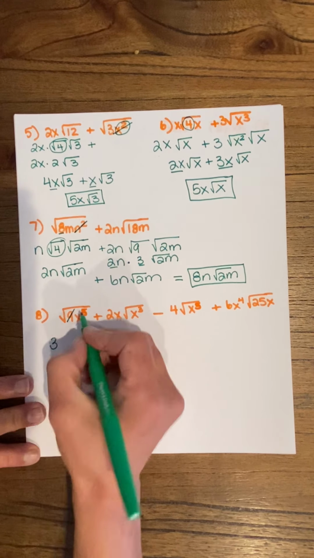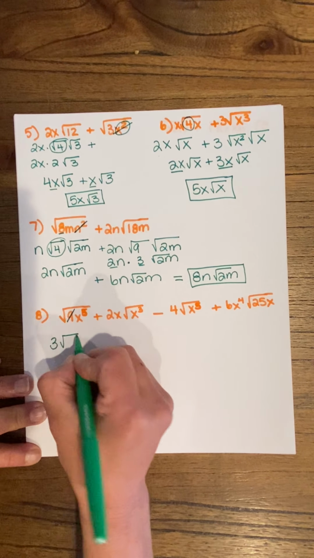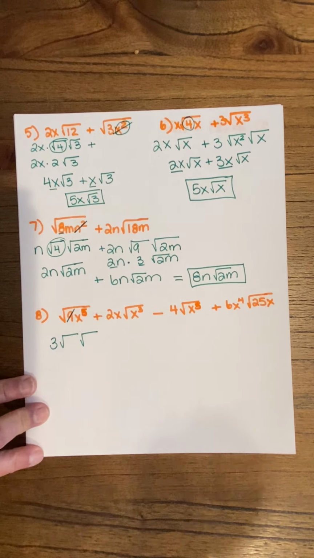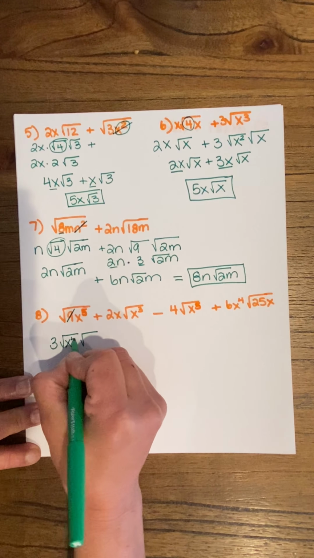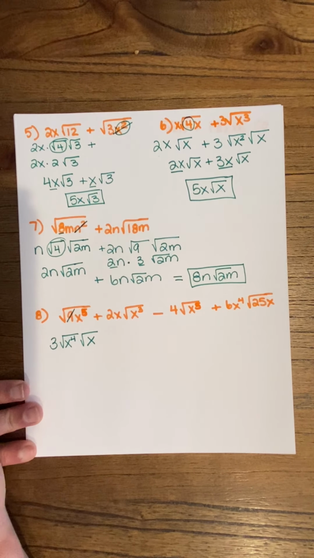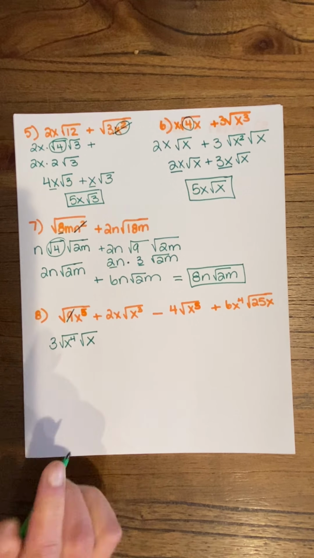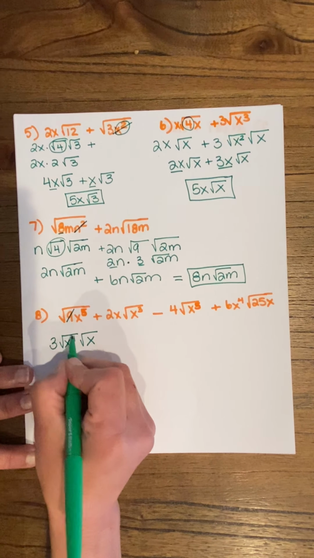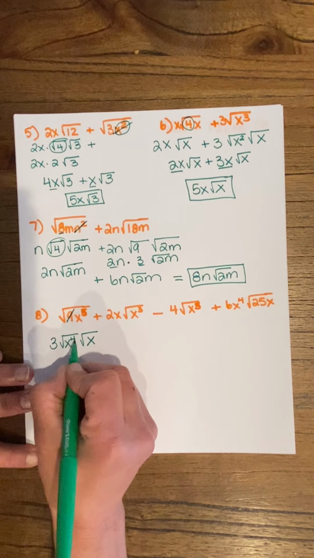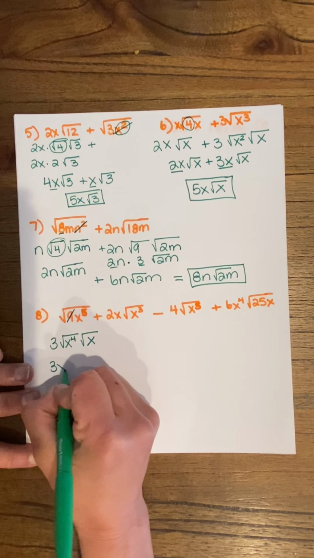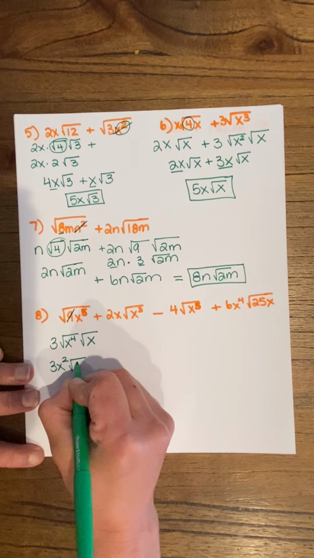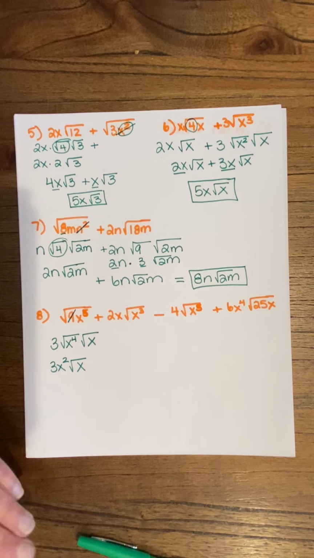Let's get it out. Now, x to the 5th is not a perfect square. So remember, the way we simplify the odds is to drop it down 1 with a leftover. So the square root of this is x squared. Cut it in half and I get x squared. So I get 3x squared rad x, okay?